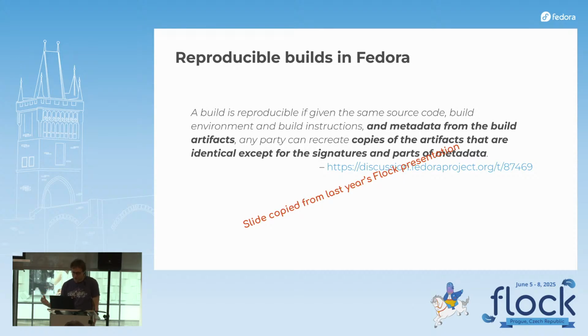Is it part of the build instructions? We don't think about it this way, right? We create a source RPM and we send it to Koji, and Koji does the build for us. And we would like to repeat the same thing. We would like to take a random source RPM and repeat the build. And to do it in a reproducible way, we need this metadata from when the build happened.